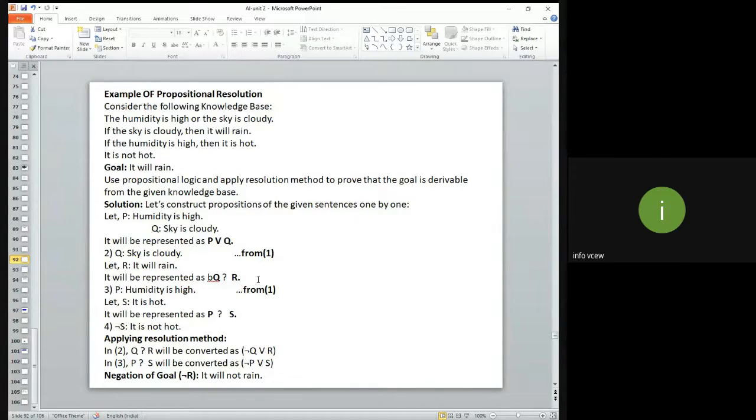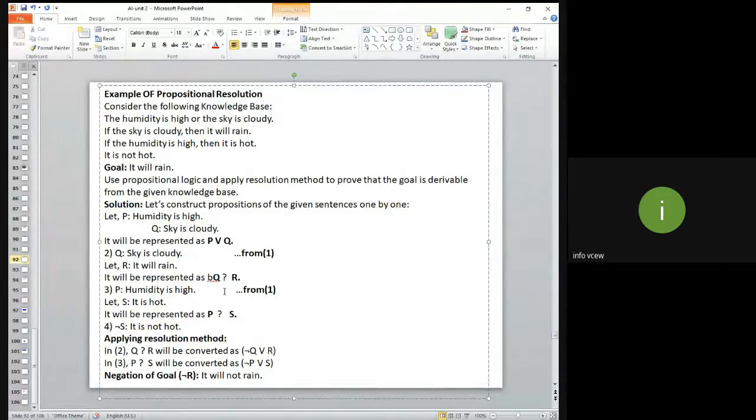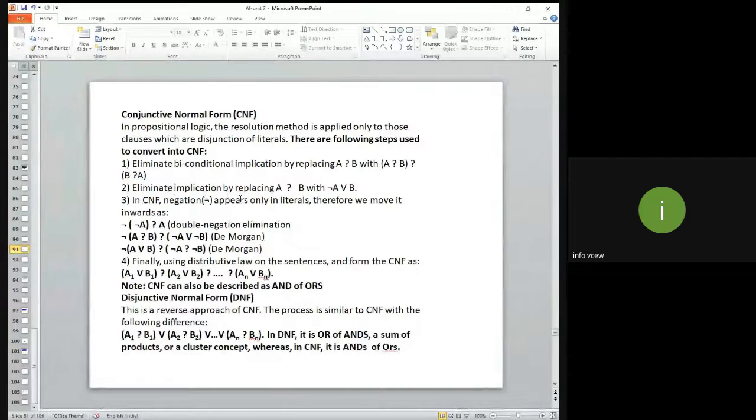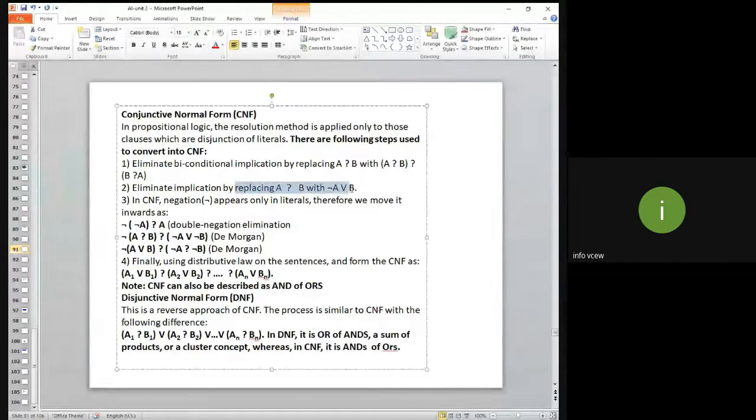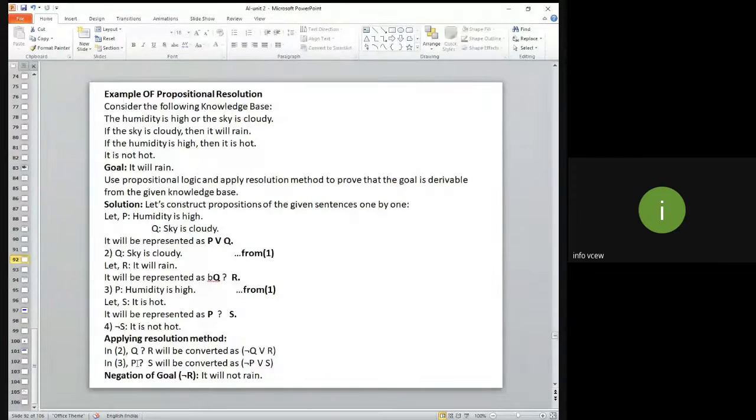Q implies R will be converted as negation of Q union R. Do you remember? Eliminate the implication by replacing A implies B with negation of A union B. Do you remember that? So here Q implies R will be converted as negation of Q union R. The same thing, P implies S will be converted as negation of P union S.